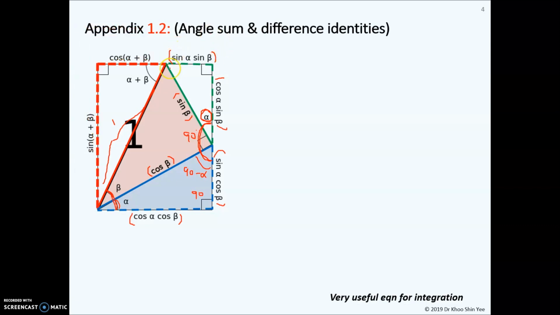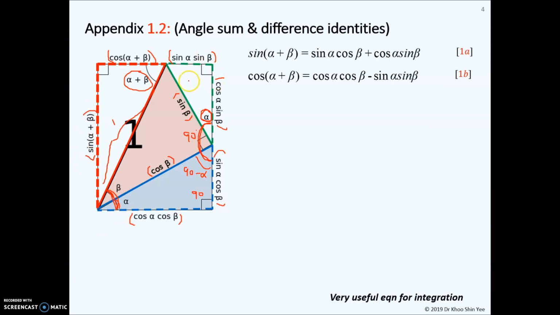We continue to the red triangle. The distance is 1 here, and the angle is alpha plus beta, which can be found from this angle, A plus B. And then we continue to find the distance for both sides using the same approach. Next, we will compare the distance here on the left and also the distance on the right.